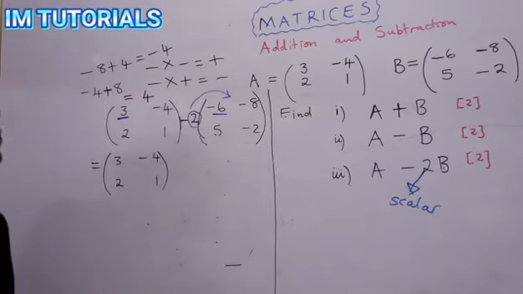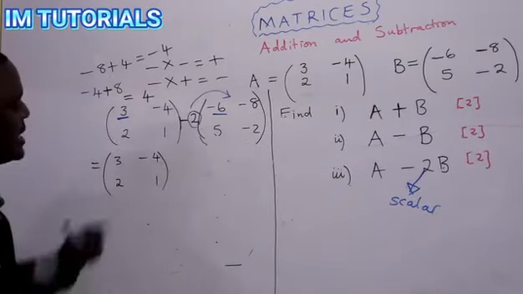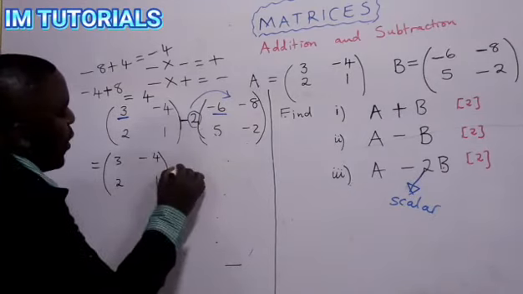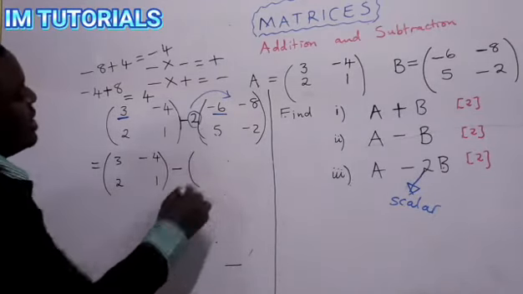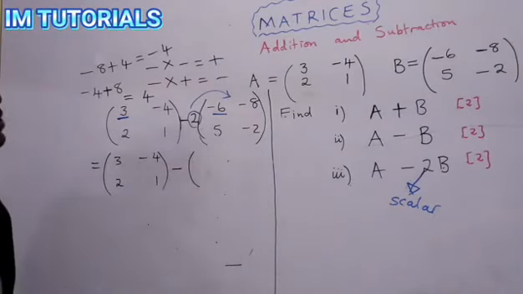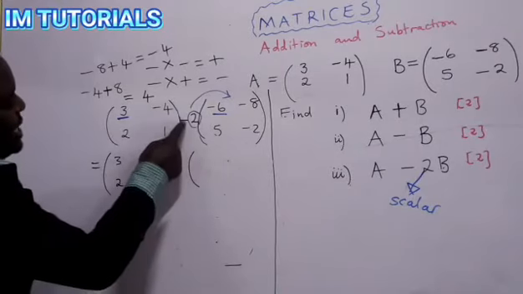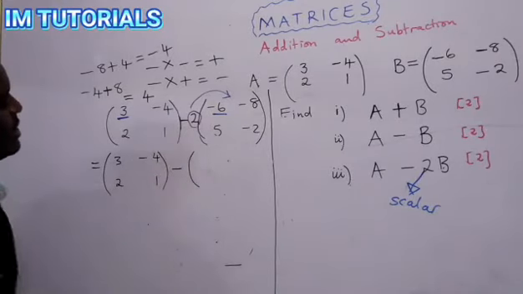But when introducing the scalar, you have to hold this negative. What I'm trying to say is, you don't say minus 2 times minus 6, but you take the positive part of 2 in order to multiply by the scalar. But the negative sign attached to 2 is left out.